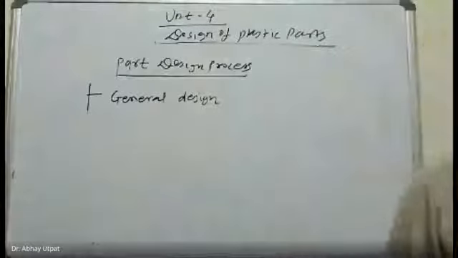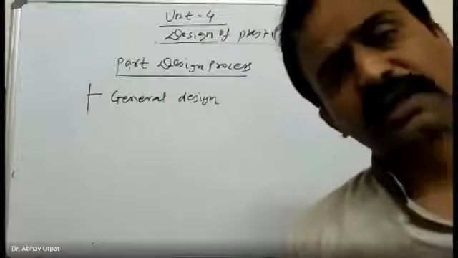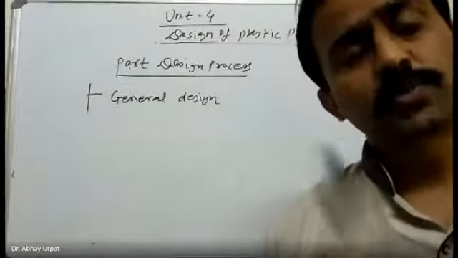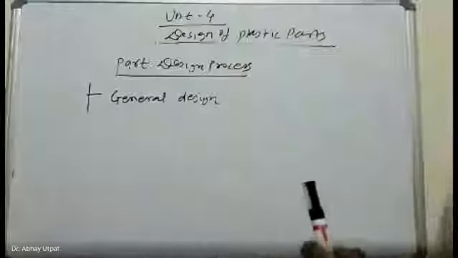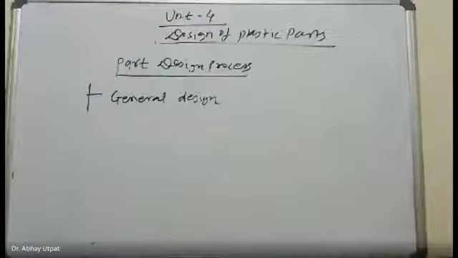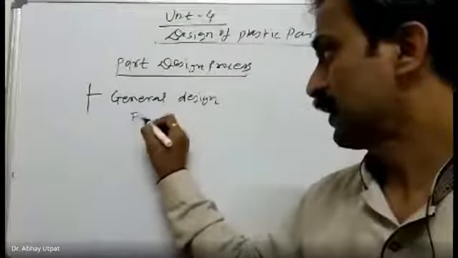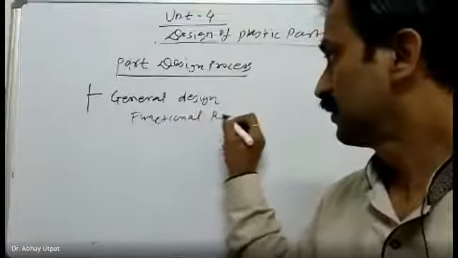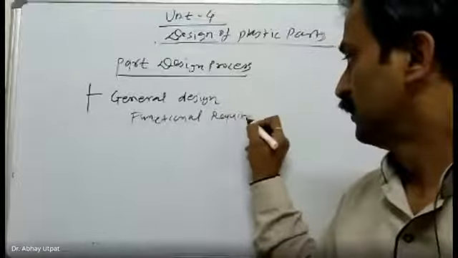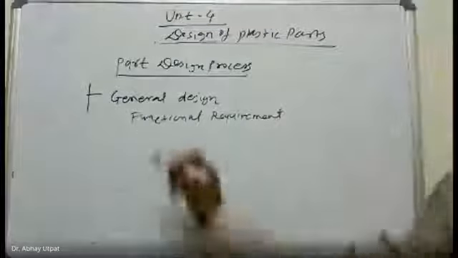Functional requirements include mechanical loading, unloading, tightening, loosening. So what is the function of the component which you are going to manufacture? This is one of the first important concepts in general design. So you can write this functional requirement, means how it is going to perform.